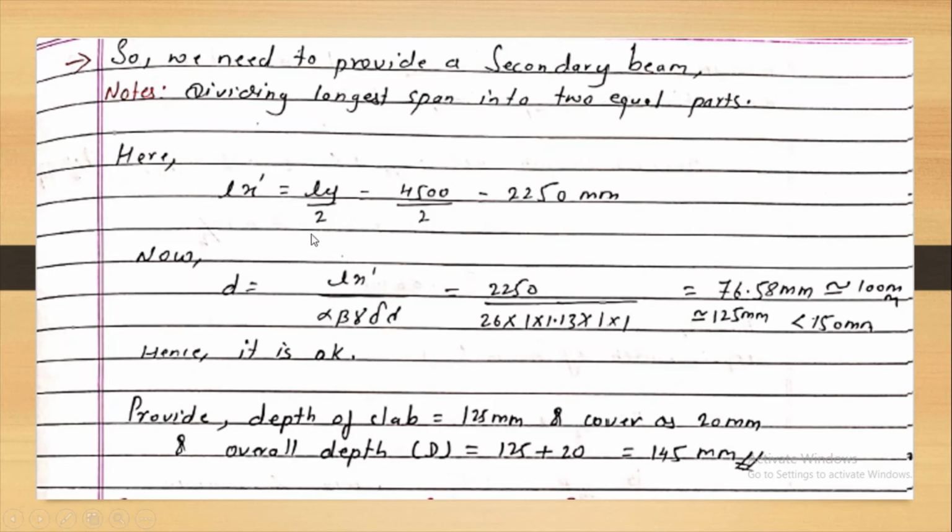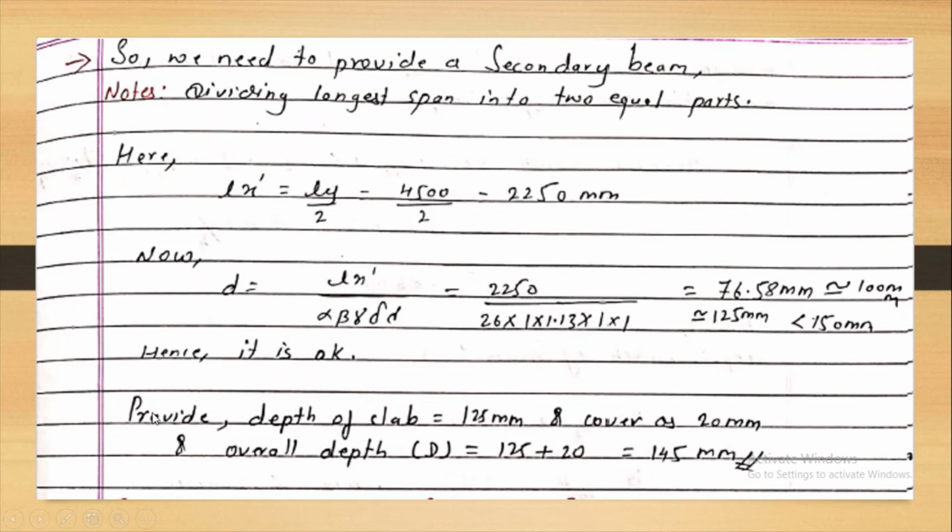Now we have to calculate again the effective depth of the slab for the new slabs, and only the value of Lx prime is changed, the rest of the values remain the same. So by putting the Lx prime value, we're calculating here, and we're getting 76.58 mm. For providing more safety, I'm taking 125 mm, which is less than 150 mm, so hence it is okay.